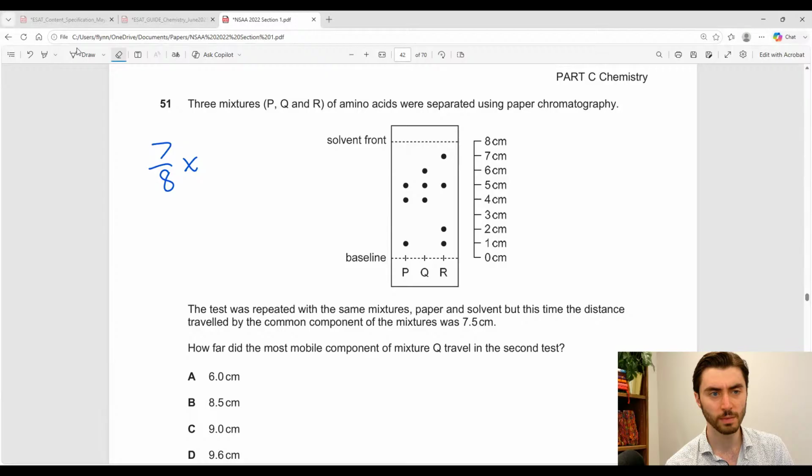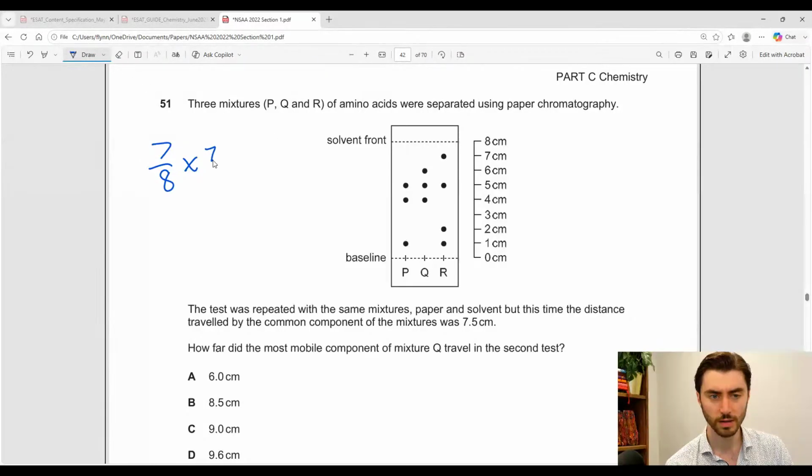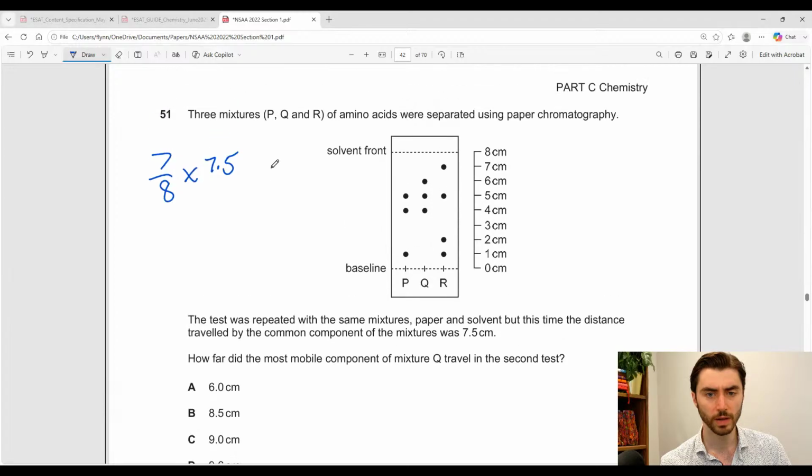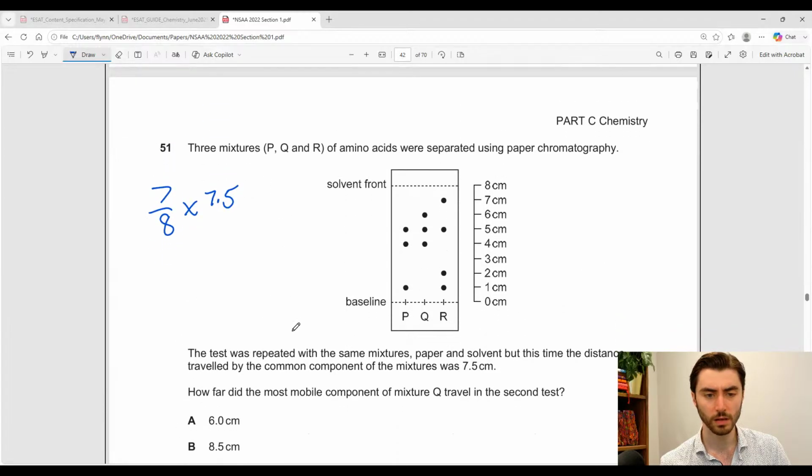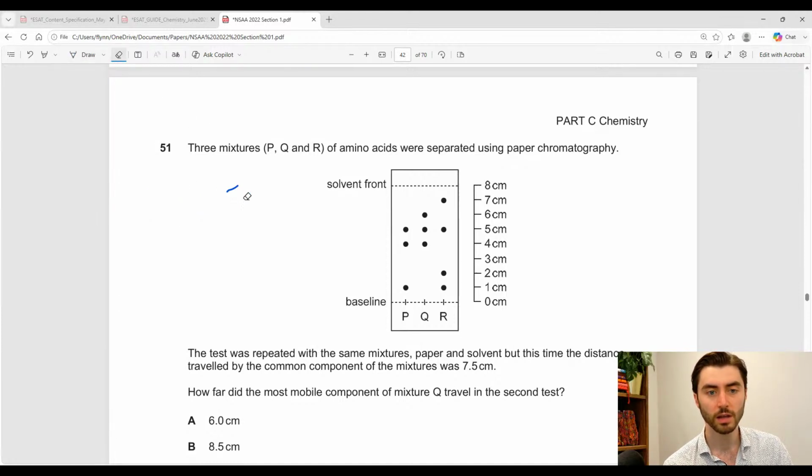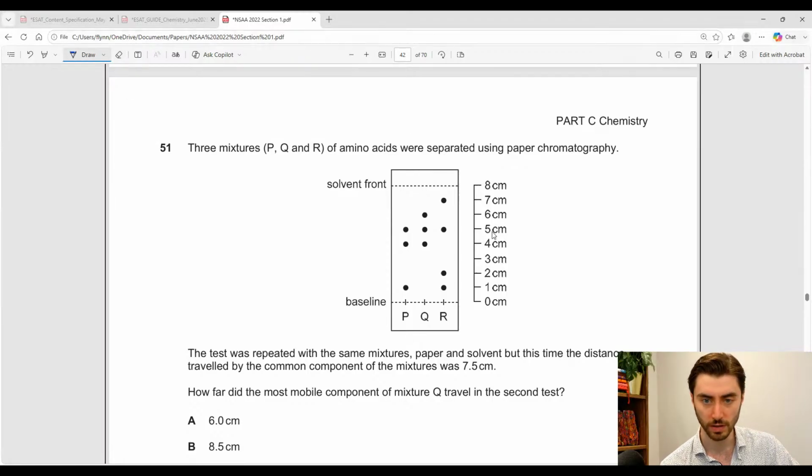So it travels the same 7/8. Well, it's got to be... Wait, hold on a minute. Oh, the distance traveled by the common component was 7.5. Got it. So the common component is this. So it scales up, so it's times 2.5.